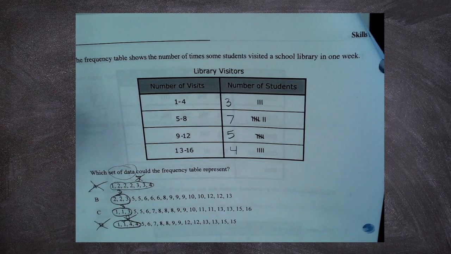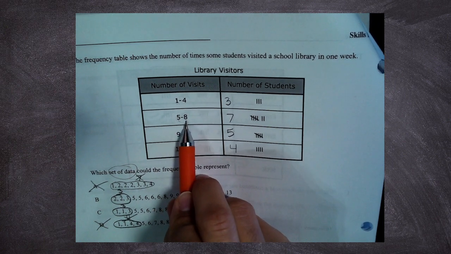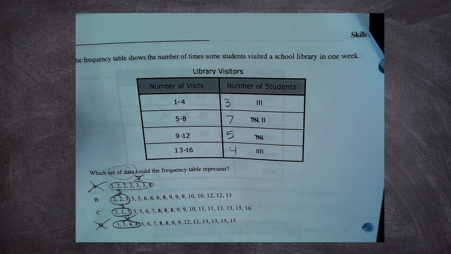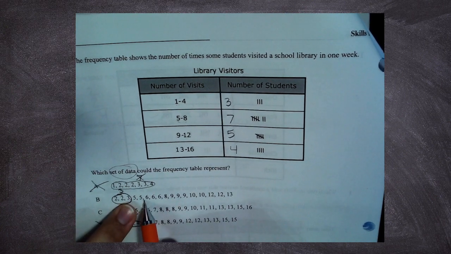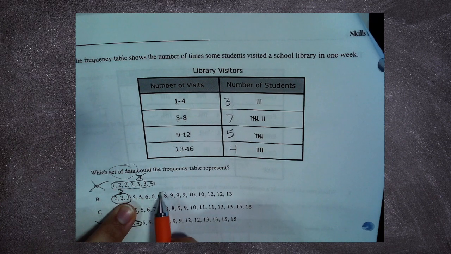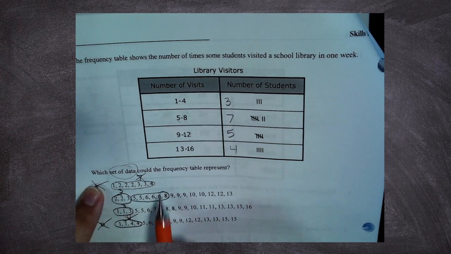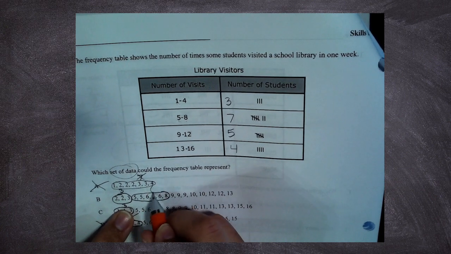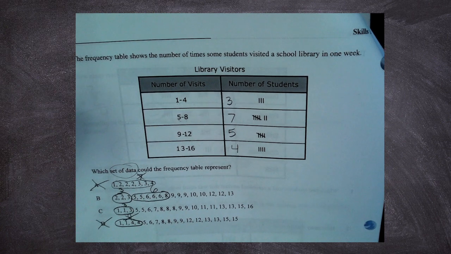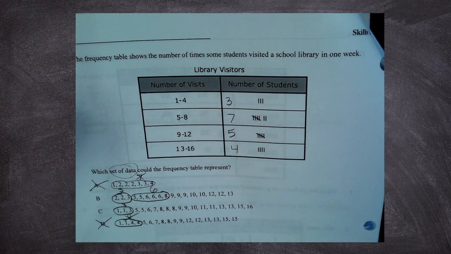The next group of numbers is from 5 to 8. So all the numbers between 5 and 8, I'm going to circle them and put them into one group. 5, 6, okay, 8. There's that group. There are 1, 2, 3, 4, 5, 6. 6 people in that group.